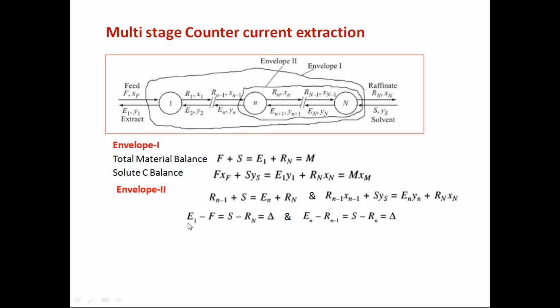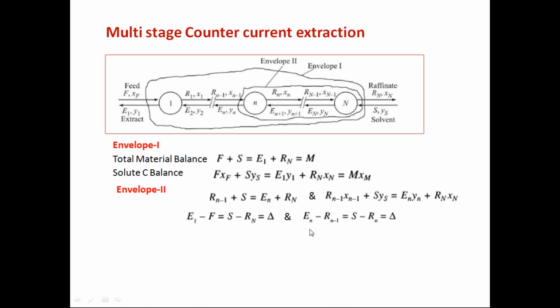Okay. So whatever goes in, whatever comes out, the quantity goes in, the quantity comes out. So what is the difference of these quantities indicated by delta? That is seen from these equations.